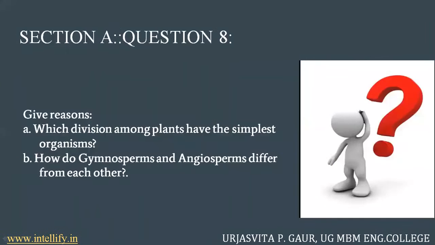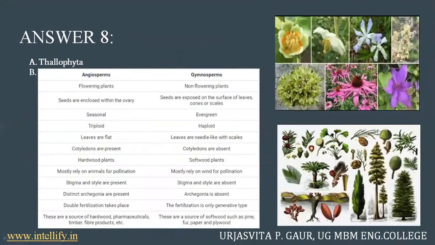Now let's move on to the next question, which says give reasons which division among plants has the simplest of organisms, and how do gymnosperms and angiosperms differ from each other? Okay, two parts. We'll take them one by one.